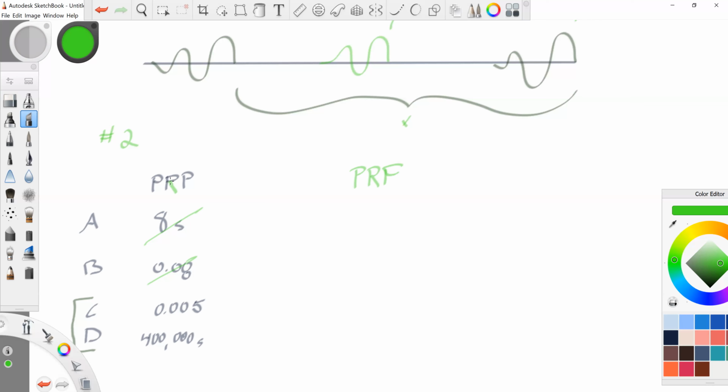So once again, if this goes up, that goes down. But we're looking for the greatest pulse repetition period, right? Which has the highest pulse repetition frequency. So highest, so arrow down, we must be looking for the smallest number. Better be C. Yes, it's C.